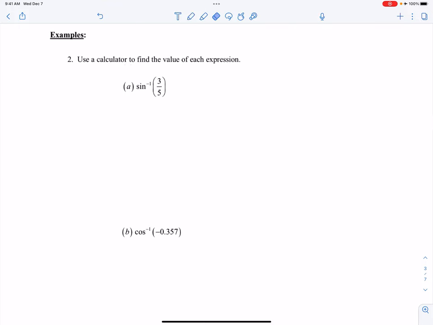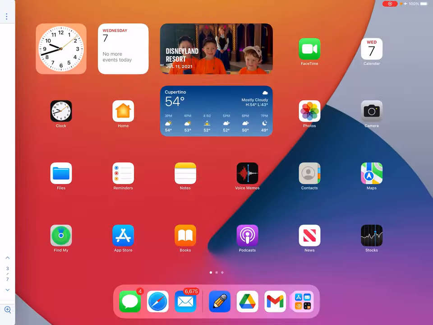Okay, so for the next section, what we're going to do is look at how we use our calculators to figure these things out. What I want to show you is what it looks like typing it into a calculator.